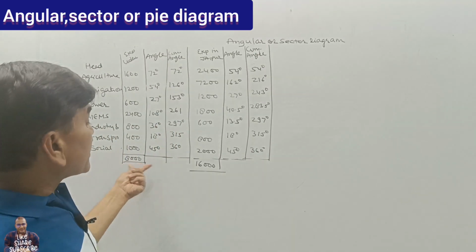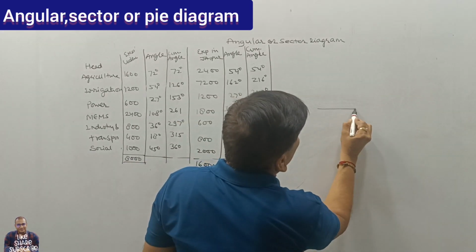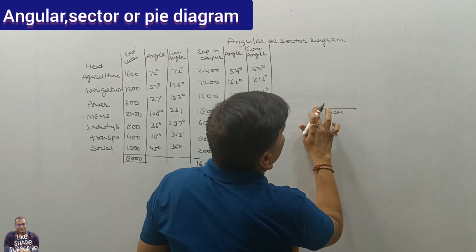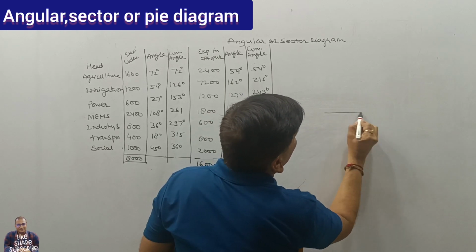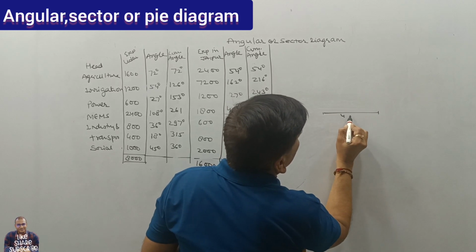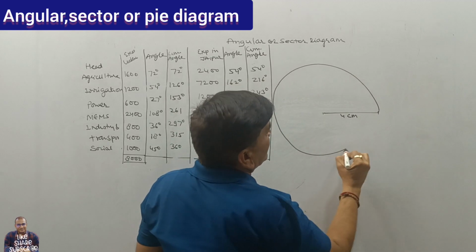So we are having 8,000 and 16,000. For getting 8,000, suppose we are having a 4 centimeter circle. So firstly we will draw a circle of 4 centimeter.